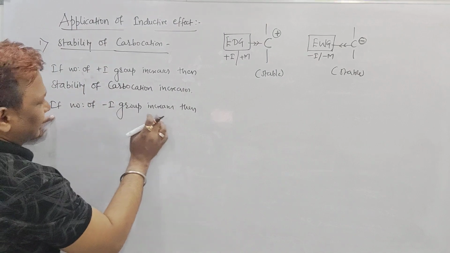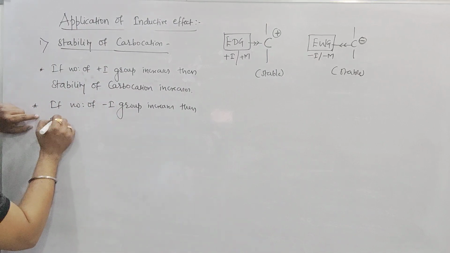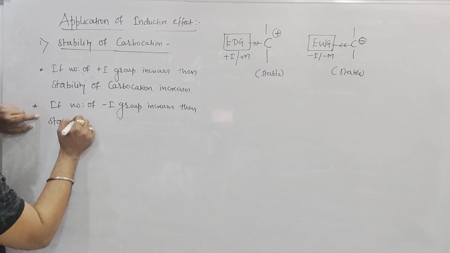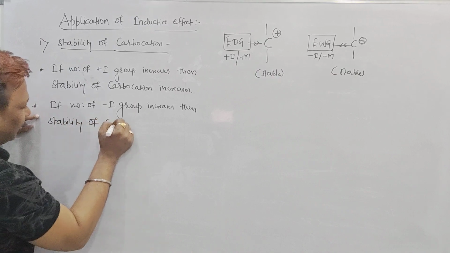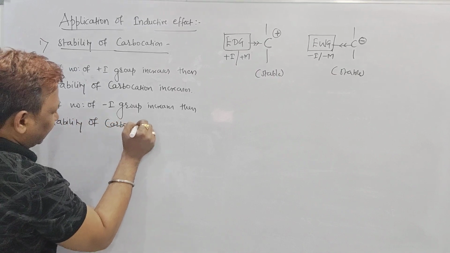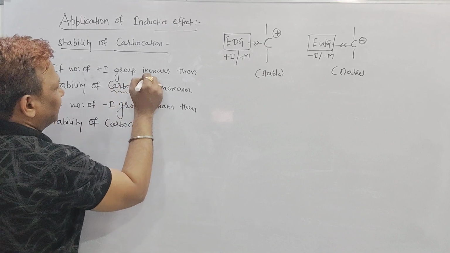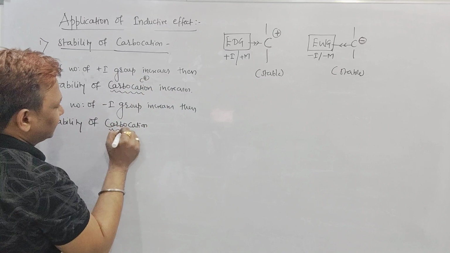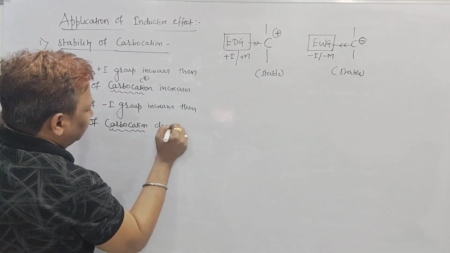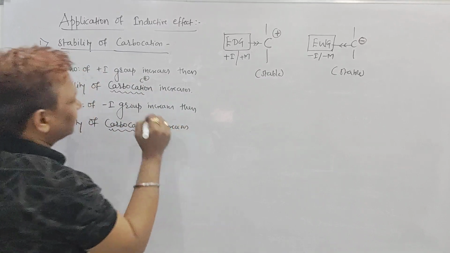If the number of minus I groups increases, then stability of carbocation decreases. Do you know what is meant by carbocation? Yes, a species with a carbon atom having positive charge. Stability of carbocation decreases. Is it clear?